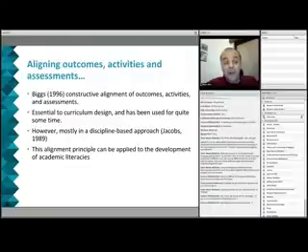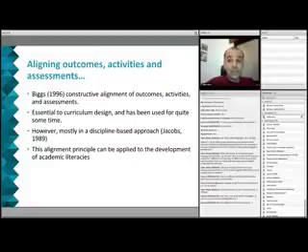But again, most of the application of Biggs' theory has been from a discipline-based approach rather than an academic literacies approach. What we've signaled is that, yes, we do agree there should be an alignment between outcomes, activities, and assessments, but this is not limited to content knowledge or discipline bias.